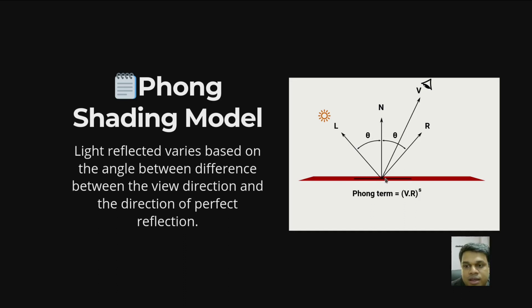And the reflected light will make exactly the same angle theta in the opposite direction. So light came from the light source, hit the material, and reflected off as R, making the exact same angle theta with N.